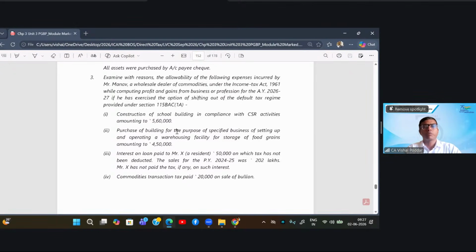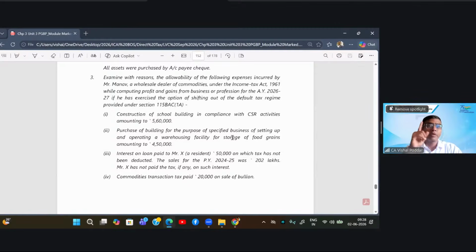Next, purchase of building for the purpose of specified business of setting up and operating a warehousing facility. Now this is a specified business. Specified business means which business? 35AD. Now what was the rule we discussed? Again, there are four conditions. However, for the condition of capital expenditure, the general rule is capital expenses are not allowed.